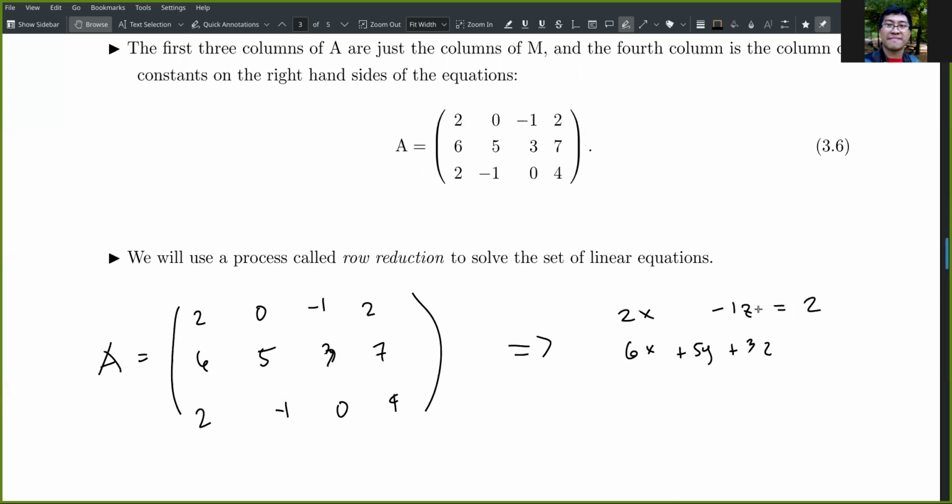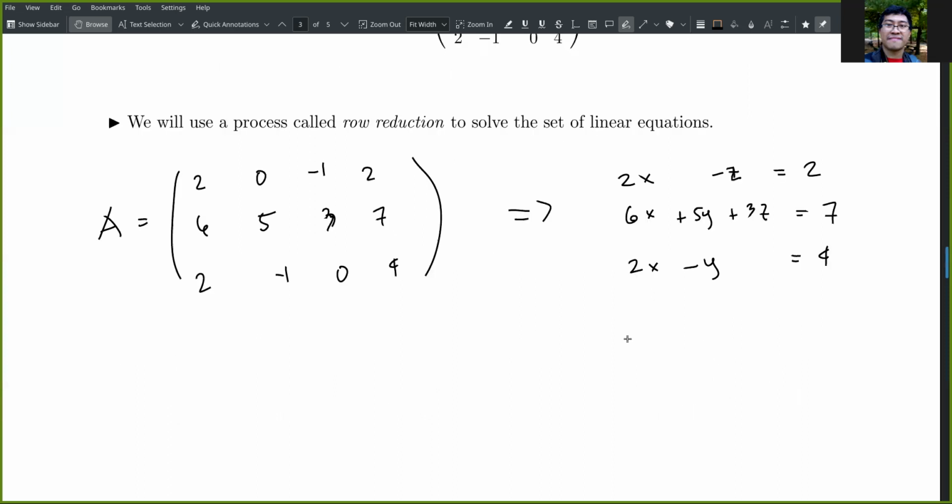Actually, let me replace this with z. So 3z equals 7. 2x minus y equals 4.